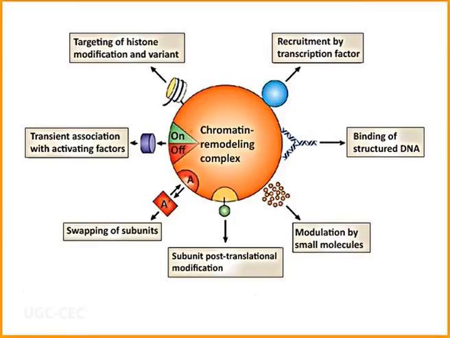After learning about covalent histone modifying complexes, now let us try to learn about ATP dependent chromatin remodeling. ATP dependent chromatin remodeling complexes regulate gene expression by either moving, ejecting or restructuring nucleosomes.